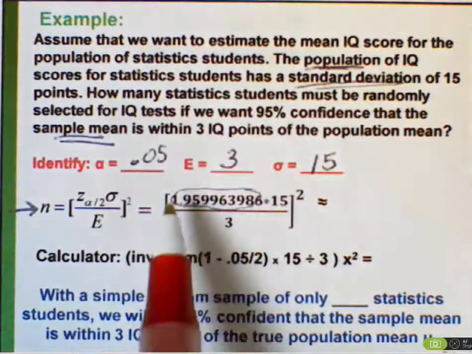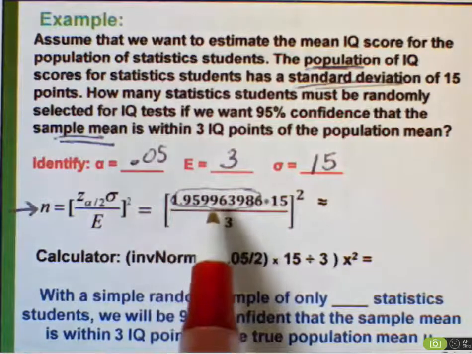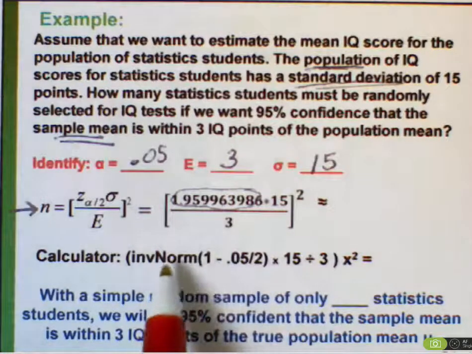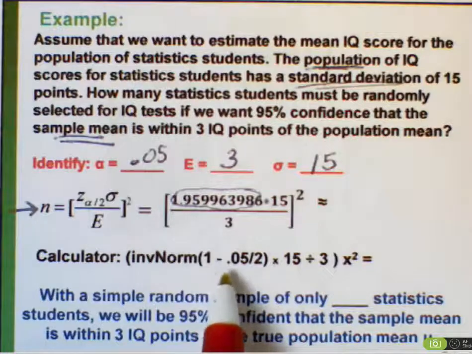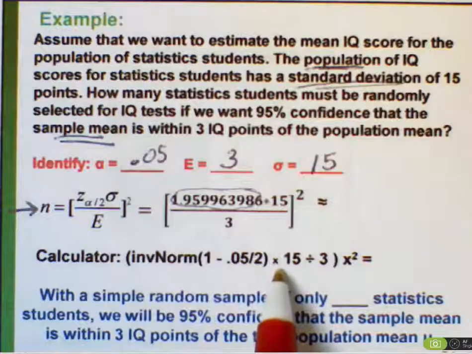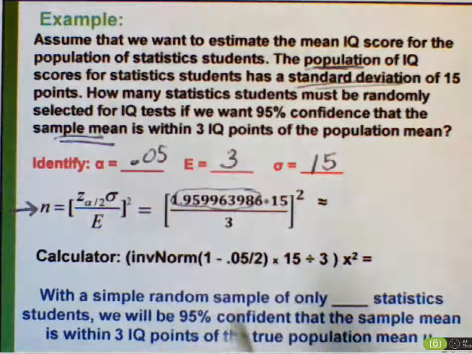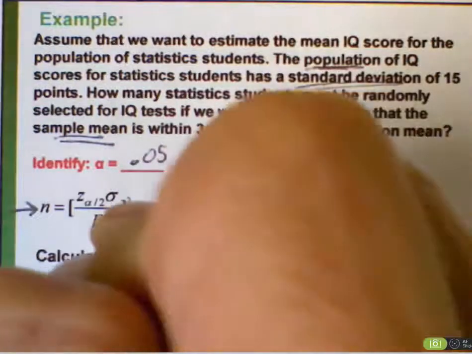But if I don't want to round it or write it down and type it back into my calculator, I'm just going to continue with the formula. I'm going to not only find that inverse norm of 1 minus 0.05 divided by 2, but I'm going to multiply that by 15 and divide by 3. Notice that that whole expression had to be in parentheses.